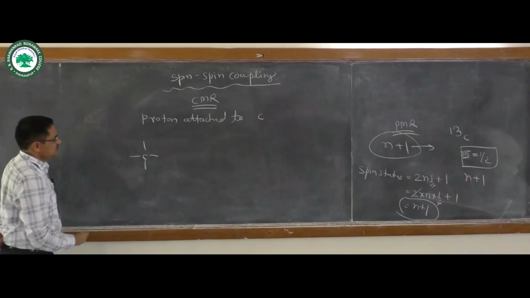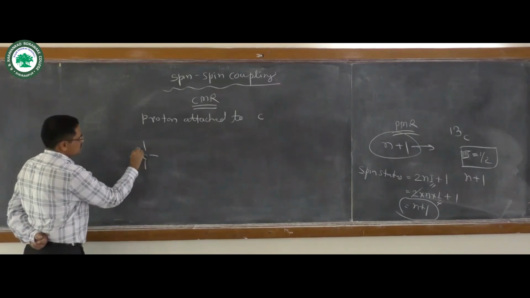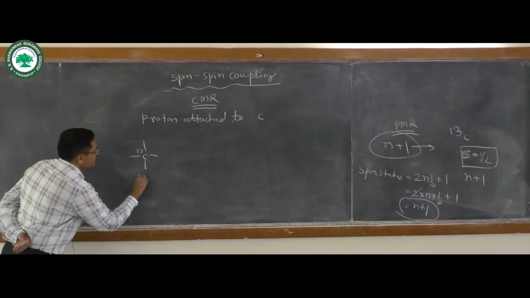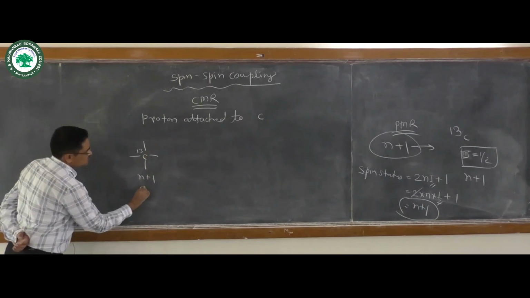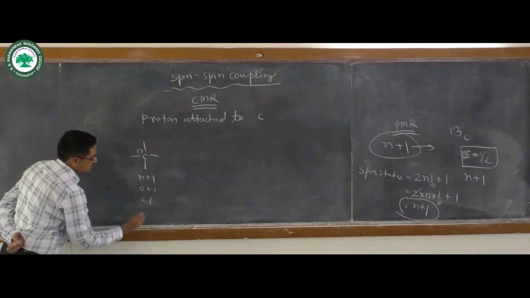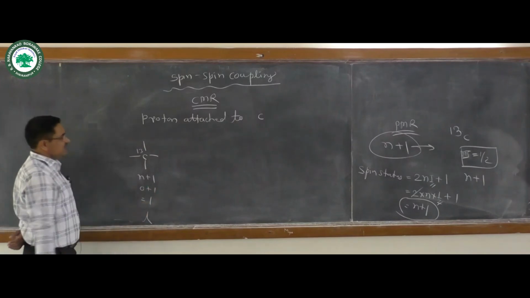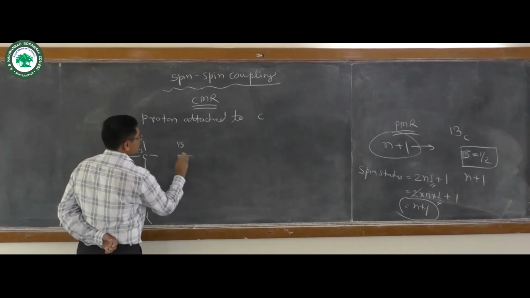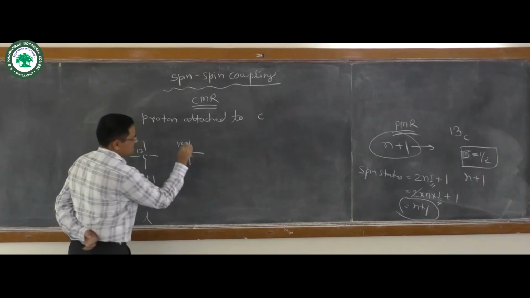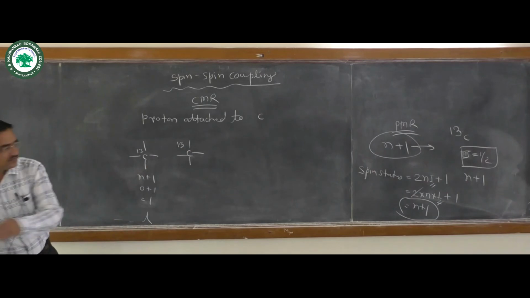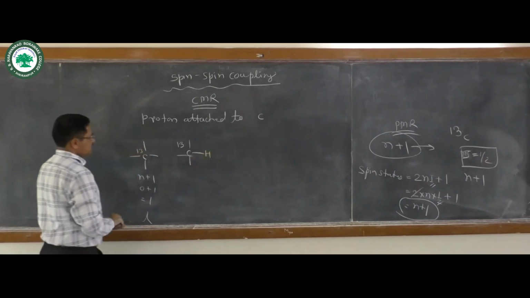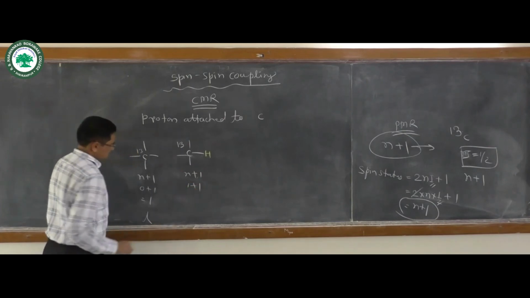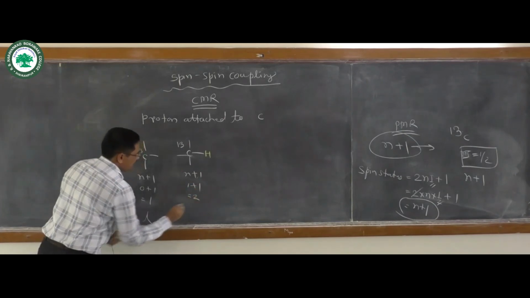Suppose no proton is attached to the carbon atom, then n+1 equals 0+1, that is 1, it gives a singlet. But when one proton is attached here, then n+1 is 1 plus 1, and it gives two lines.